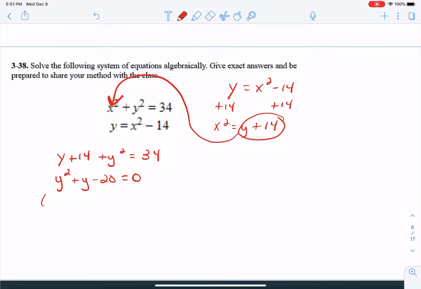Factoring that quadratic, I have y plus 5 and y minus 4. So solving for y, y is -5 or y is 4. So remember, I need to write my solutions as ordered pairs because what I'm really trying to figure out is where this quadratic intersects this circle. So I need to plug my values for y back into one of the equations.